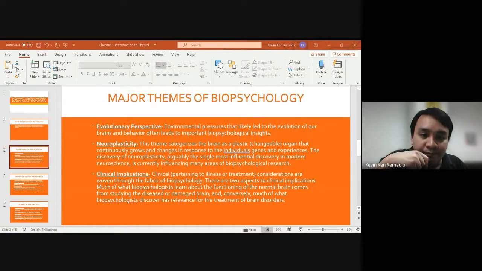In the evolutionary perspective, environmental pressures that led to the evolution of our brains and behavior often lead to important biopsychological insights.